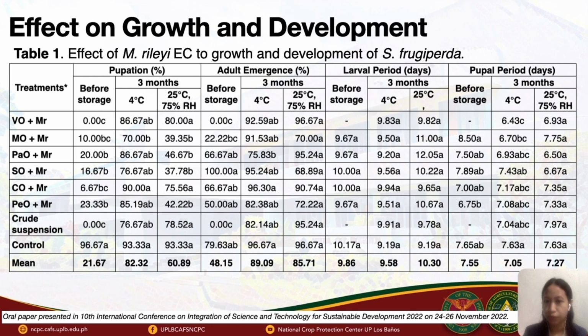The larval period did not vary among the oil solvents and storage conditions. Likewise, pupal period was similar among treatments before storage and 3 months in incubator, while storage in refrigerator had slight effect on pupal period. These findings were consistent with our previous observations.